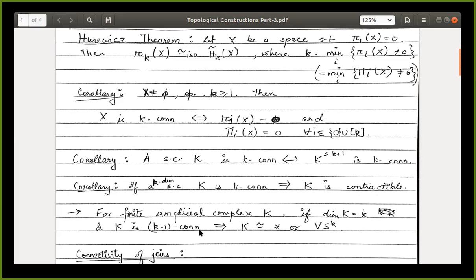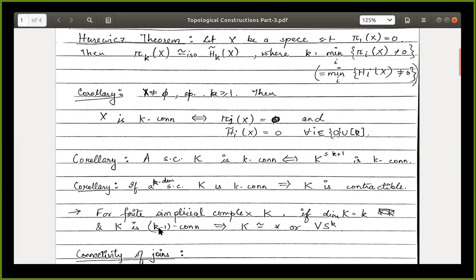If the connectivity is even higher, that tells you it is contractible.